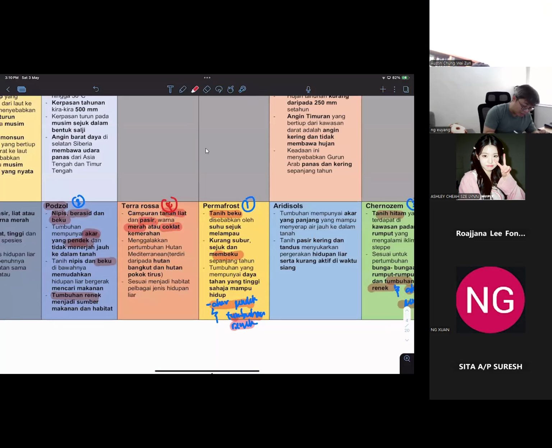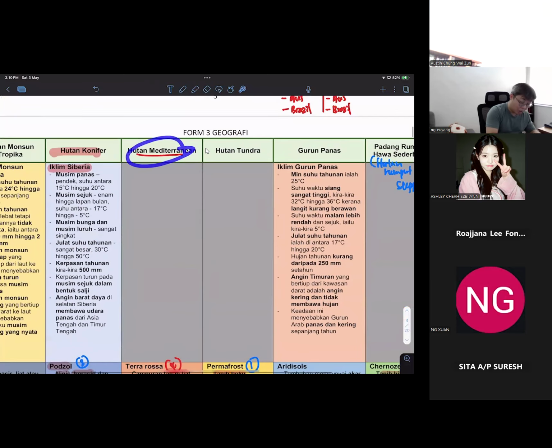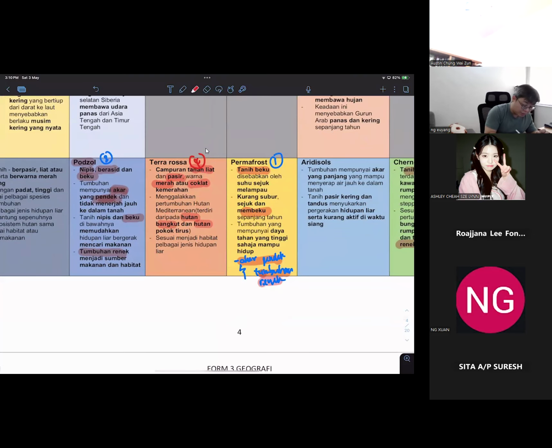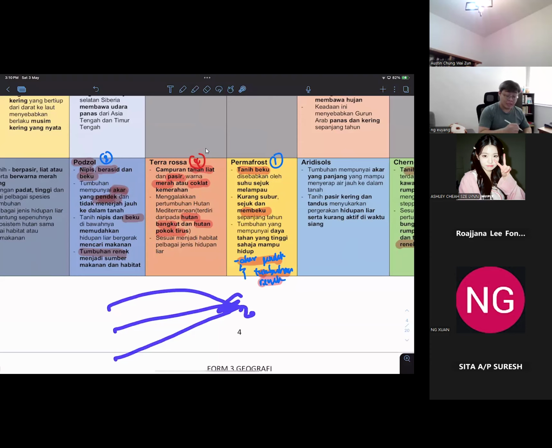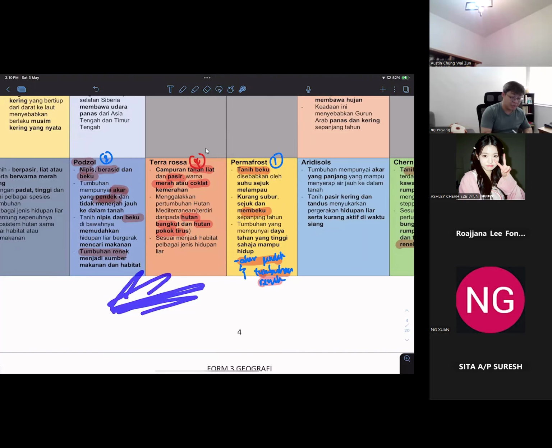So this is also known as the hutan Mediterranean or hutan pangkat and hutan pokok tirus. What is pokok tirus? The leaves. The leaf is not broadleaf or diffuse. It's not diffuse. The whole leaves are tirus. So what is tirus punya daun? We have the lavender, we have the rosemary. How to memorize rosemary? Terra rosa.